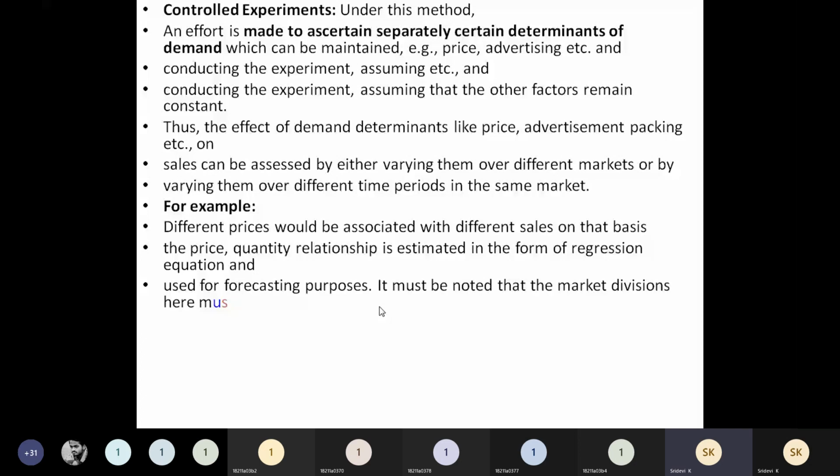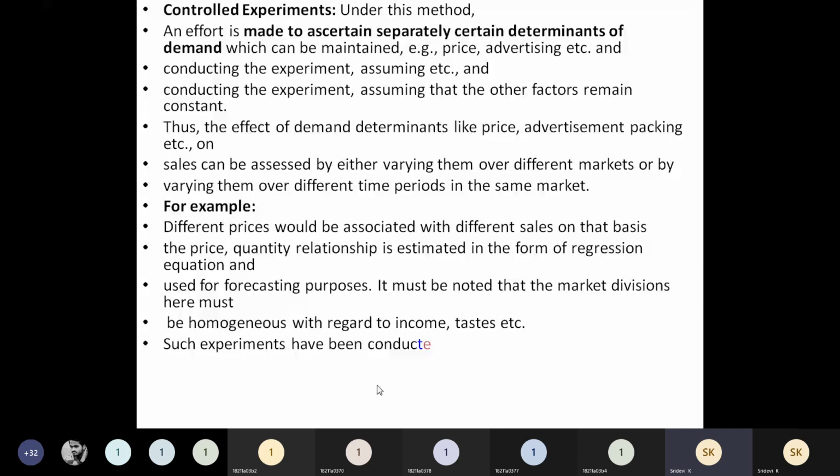If you take a certain time period, 1 week or 10 days or 1 month, and you experiment during that time period, you can easily get the result from the direct customers, and you can easily identify how the sales are affected. So this is the modern technique. Instead of going for surveys, etc., they are doing this type of direct experiments in the market, so that they can get direct results.